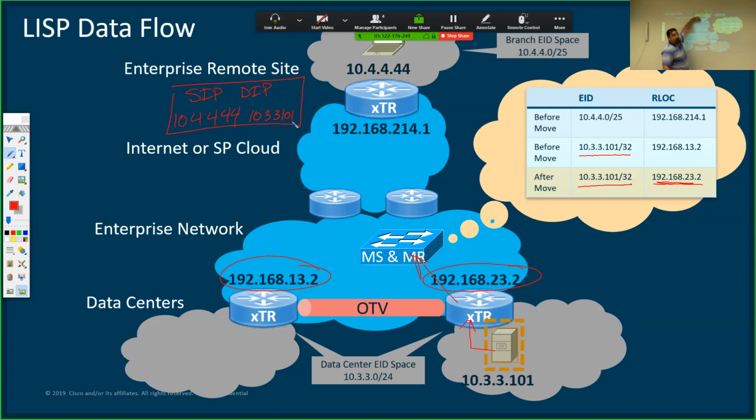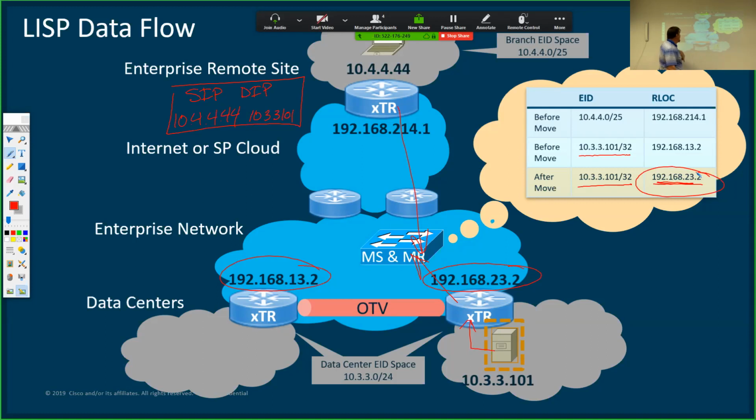As it comes into my proxy ingress tunnel router, it does a lookup to the map resolver. Hey, where is 10.3.3.101 at this point in time? And the map resolver looks into its database and says, at this point, it is located at the router location of 192.168.23.2.